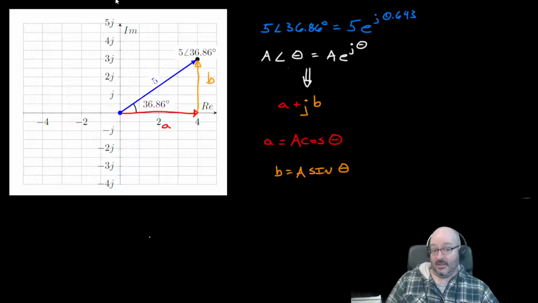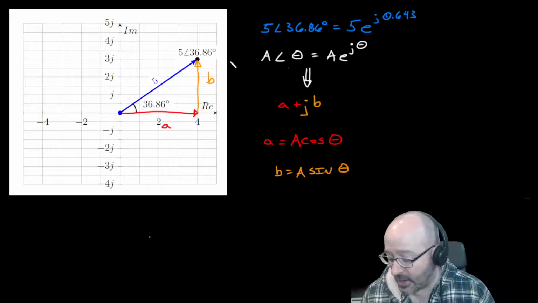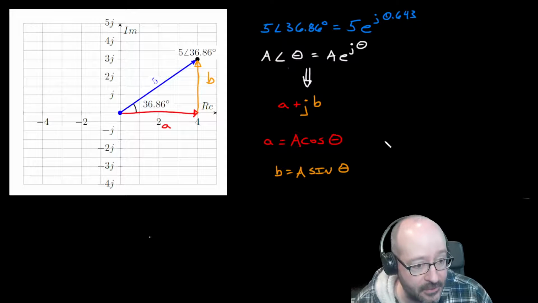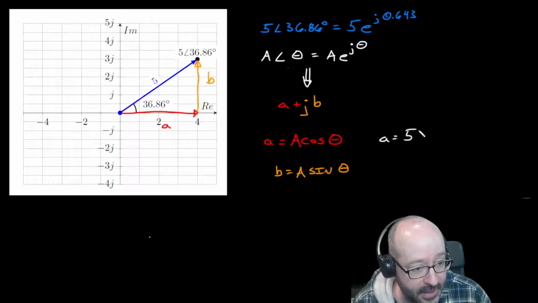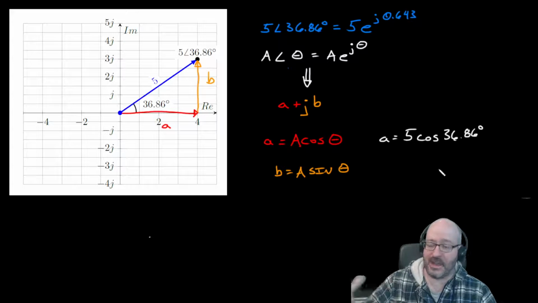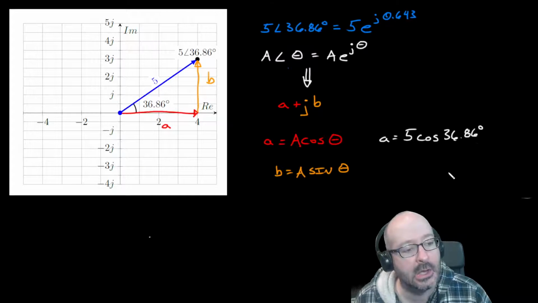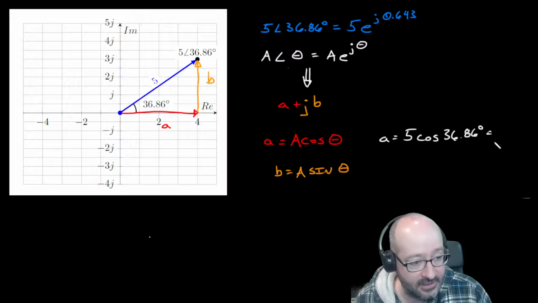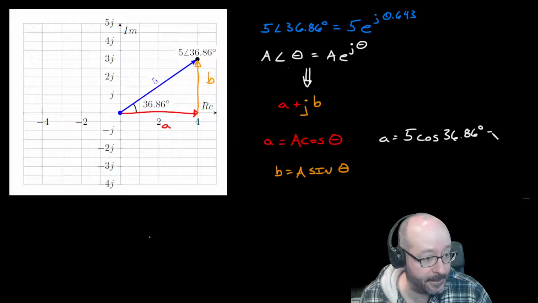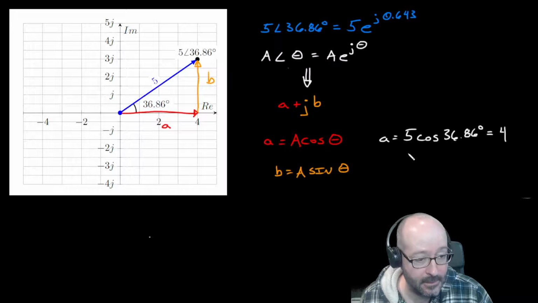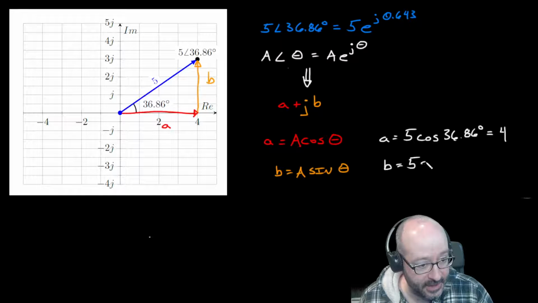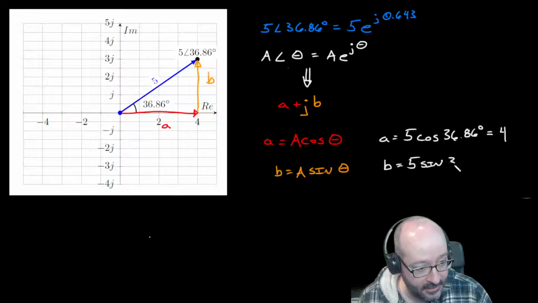It's honestly that simple. If we know those values, we can say a is equal to 5 times cosine of 36.86 degrees. Make sure your calculator or computer is interpreting that as degrees. Make sure you're in the right mode. We'll find that that is equal to positive 4. And here's b, which is 5 times sine of the same angle.